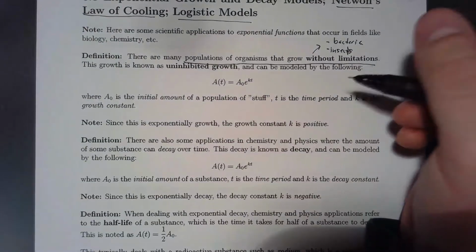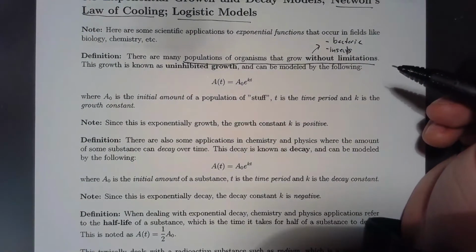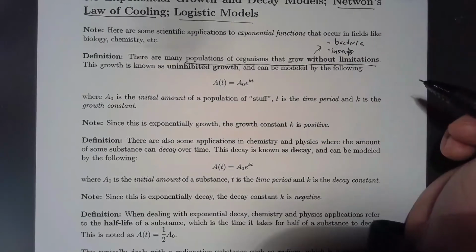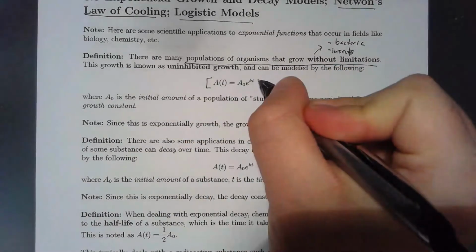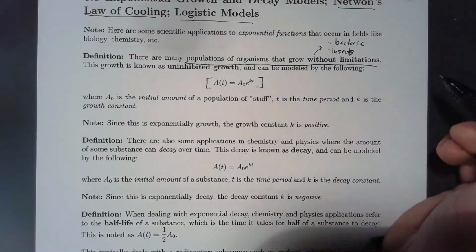There's a lot of different organisms that could grow very, very quickly without limitation. That would be an example of exponential growth, which could be modeled by this equation.